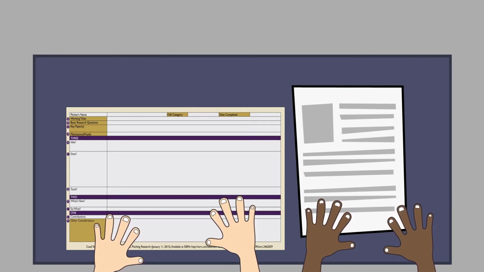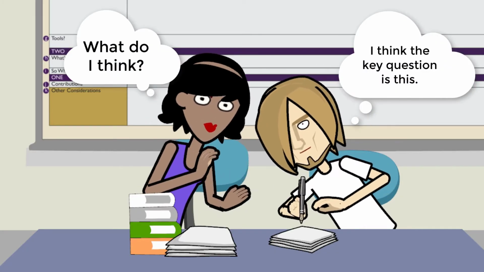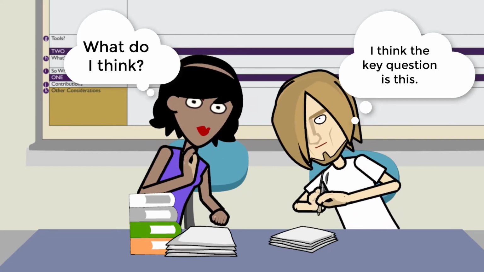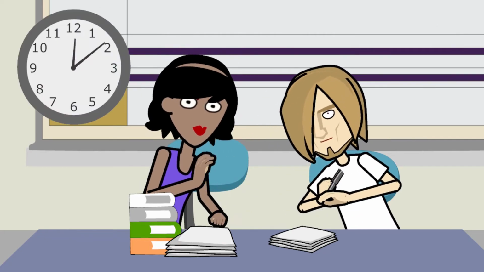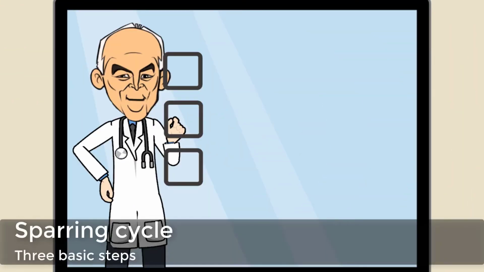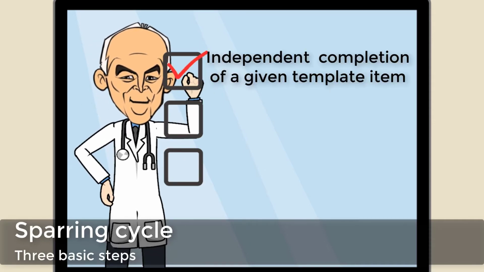Both SPAR partners work independently to come up with their view of the paper's key question. A challenging but reasonable time limit should be set for this task, for example 10 minutes. The sparring cycle involves 3 basic steps. Step 1. Independent completion of a given template item.